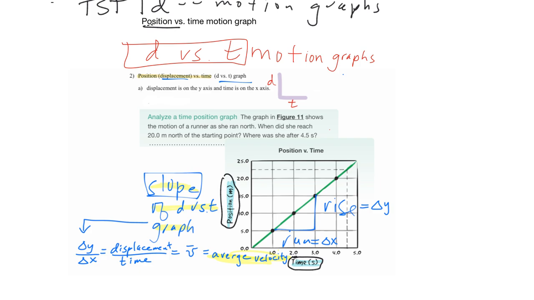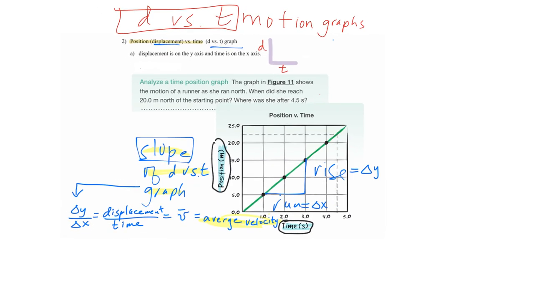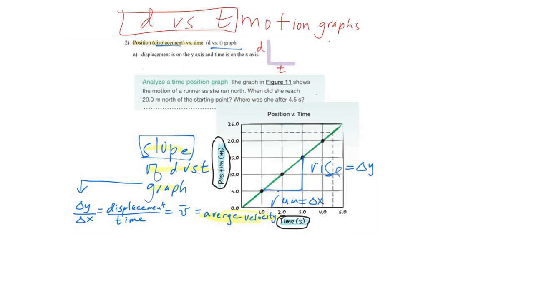Looks like every second the position was measured for this object. Okay, and then a line of best fit was drawn through those points.